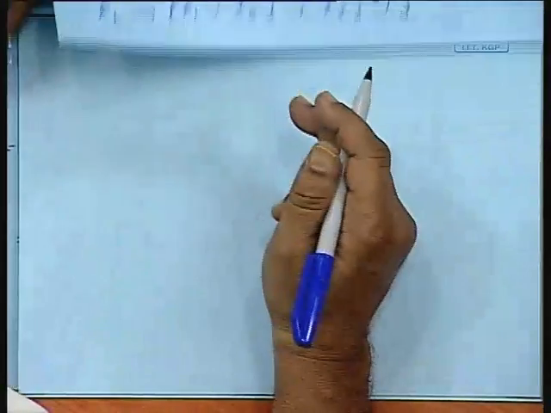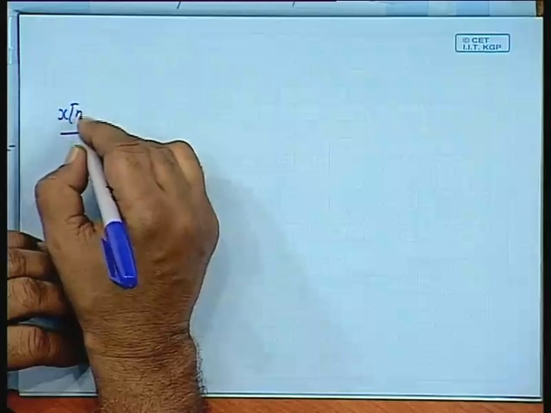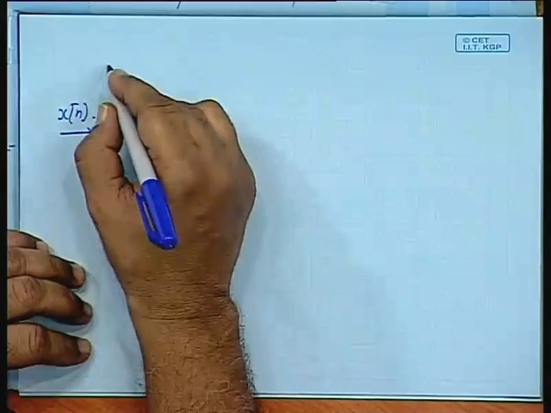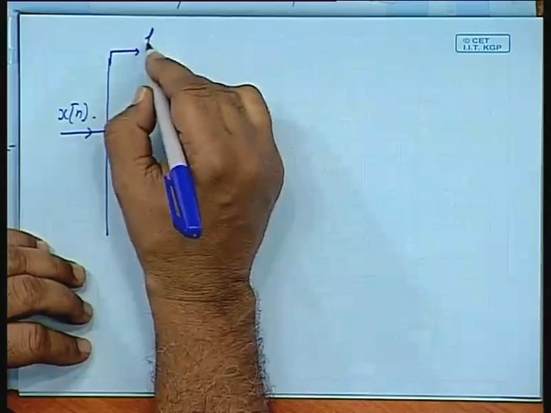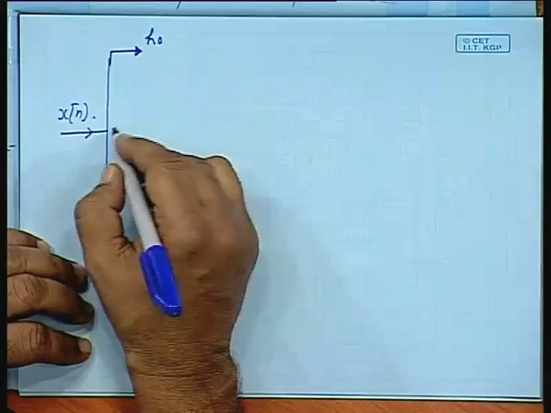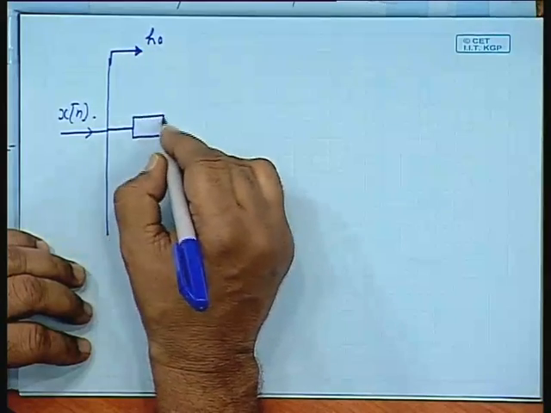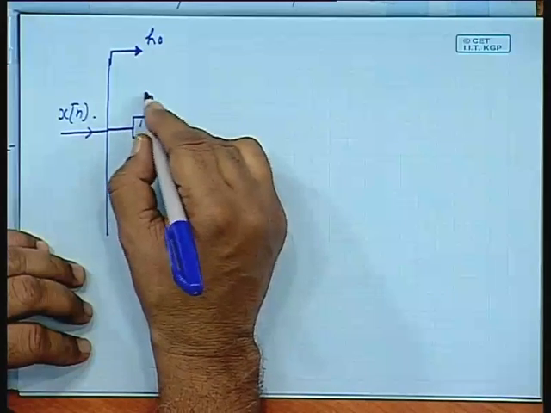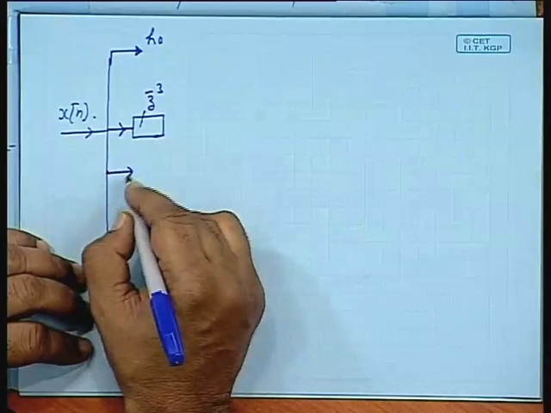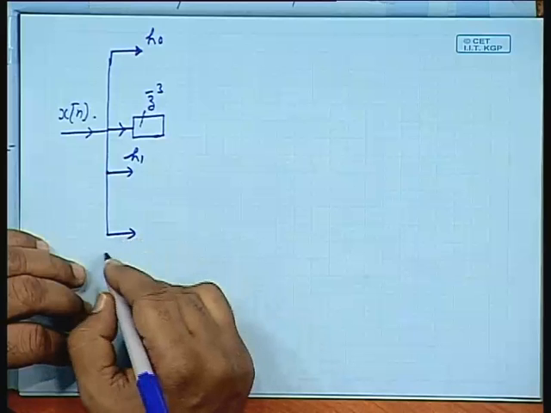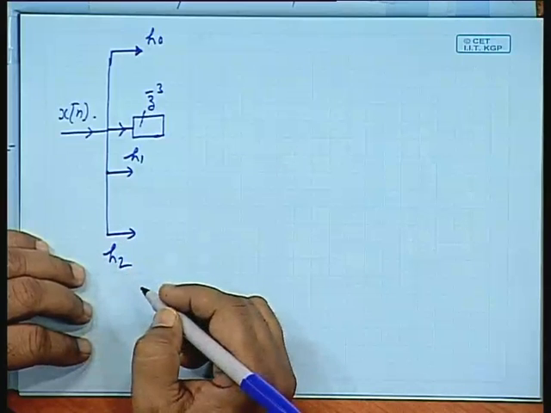Now, if we try to realize this filter, it will be like this. x n, suppose we have a multiplier h 0, then I can put z to the power minus 3, then h 1, h 2.